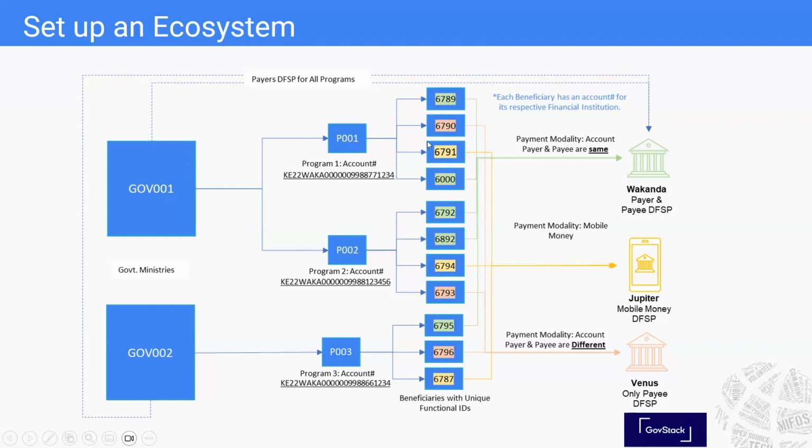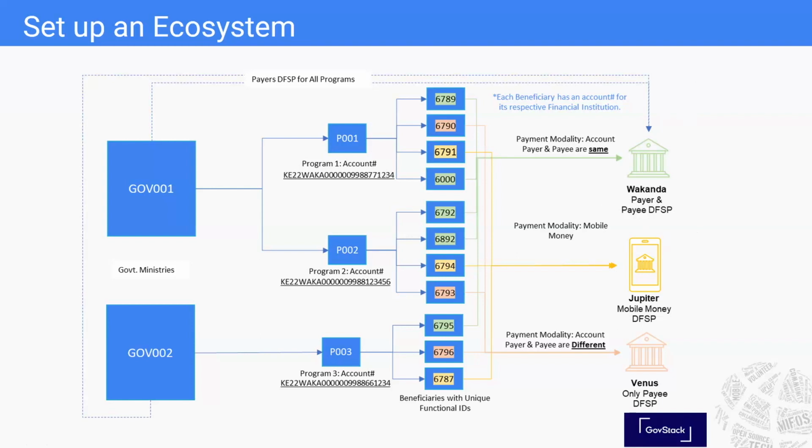And against these functional IDs, each could have various payment modalities. What is important to note, circling back to the point, is that Payment Hub provides that capability of interoperability. So it does not matter what the end account is, whether it's a bank account or a mobile money account, whether it belongs to Wakanda Payer FSP or to Venus Payee FSP.